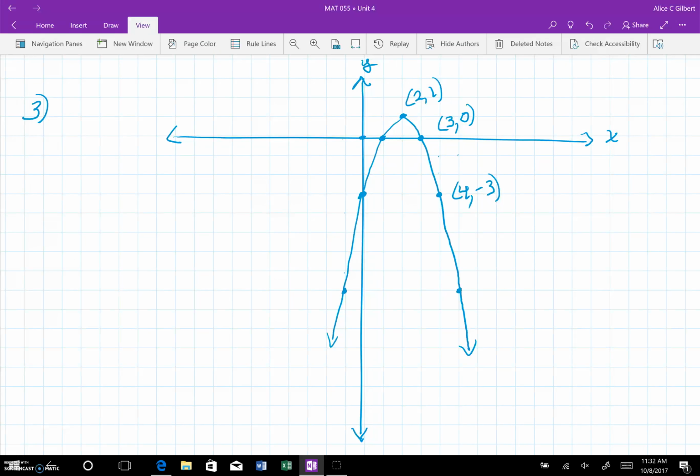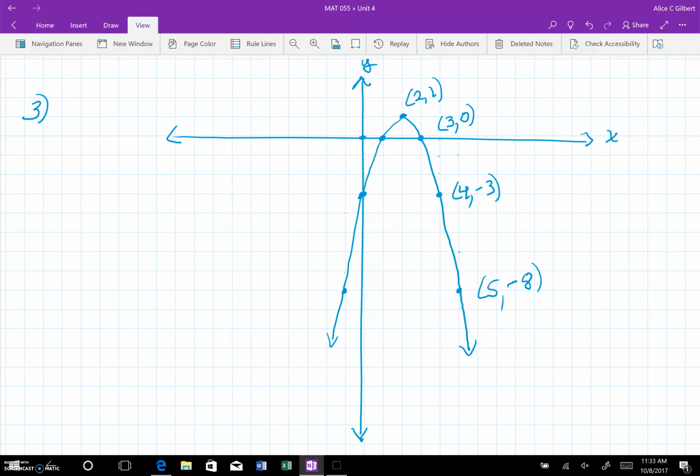How many from the origin? 1, 2, 3, 4, 5. So I went to the right 5, and let's see how many I went down. Remember, down is going to be negative. So 1, 2, 3, 4, 5, 6, 7, 8. And those are my points on the right side of my graph.